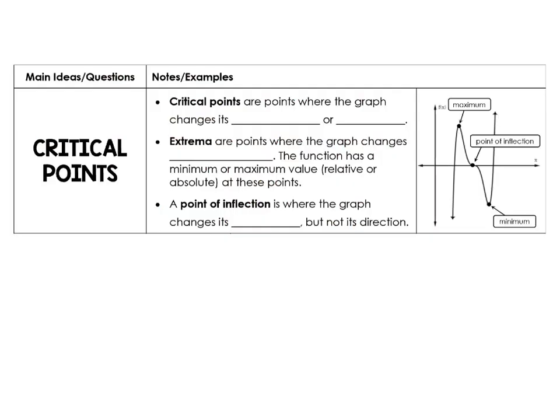The next part of this, we are going to be identifying some specific points on a graph. We have an infinite amount, but sometimes it's important for us to really just pinpoint some specific ones. And the first one that we need to talk about is a critical point. And the critical point is going to be where the graph changes its direction or its shape.